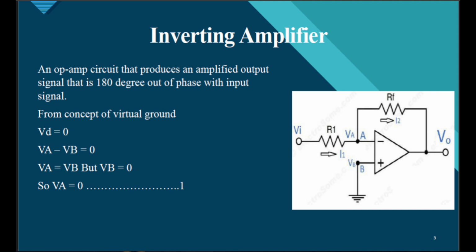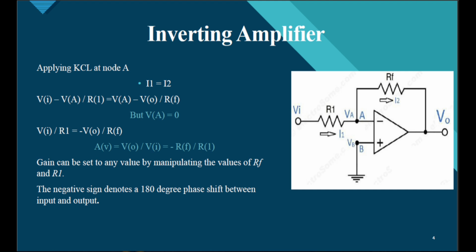Since we know from concept of virtual ground, when Vd is 0, then Va minus Vb is equal to 0, and we can also say Va is equal to Vb, but Vb is 0, so Va is 0. Now apply KCL at node A. So we can say I1 is equal to I2. So I1 would be Vi minus Va by R1 is equal to Va minus V0 by Rf. But Va is 0.